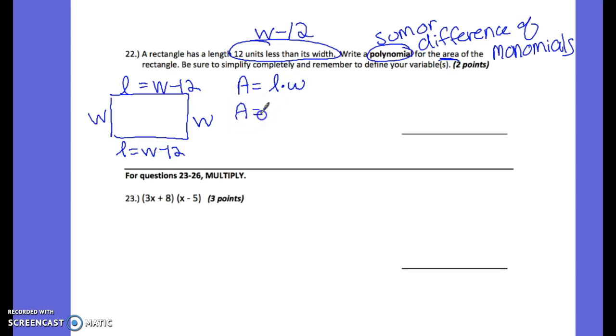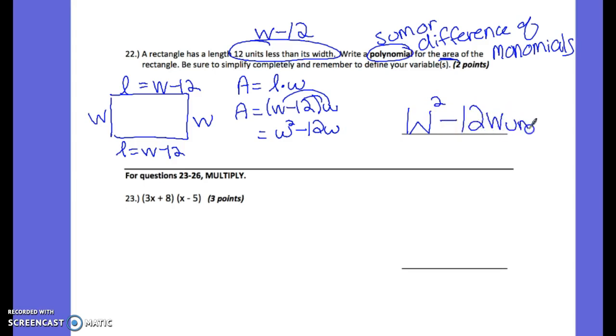So my area is my length, which is w minus 12 times my width, which is w. But then I need to simplify it to get w times w is w squared minus 12w. So I get w squared minus 12w units squared, since we're referring to area.